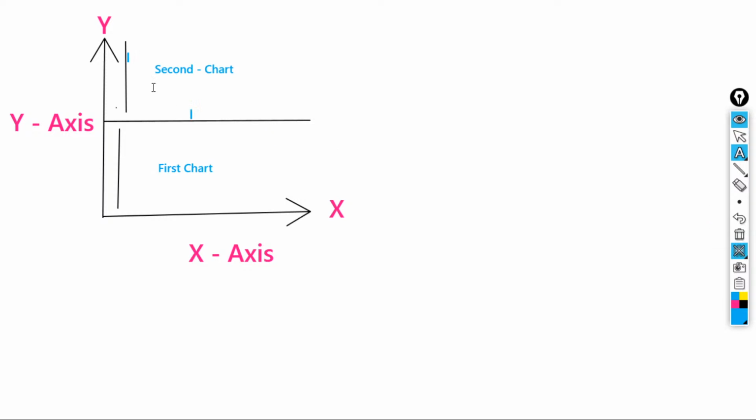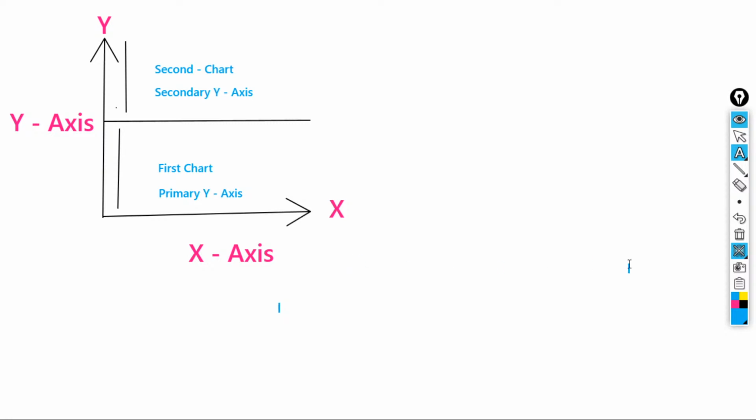There is no linkage between the scales of the x-axis, secondary y-axis and primary y-axis. So this will be my primary y-axis, and here it will be my secondary y-axis. So this is how it can actually leverage the ability to plot different information.